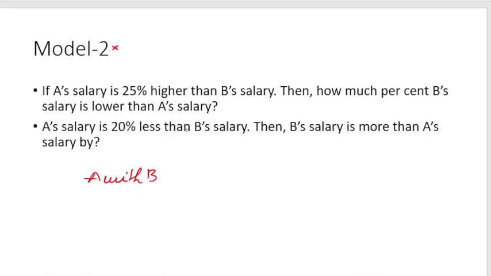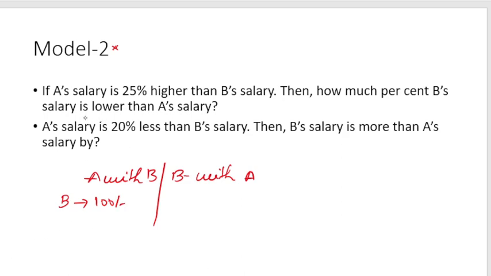Now what you have to do? We have to compare B's salary with A's salary. Now A's salary is 25 percentage higher than B's salary, so take B's salary as 100 rupees.